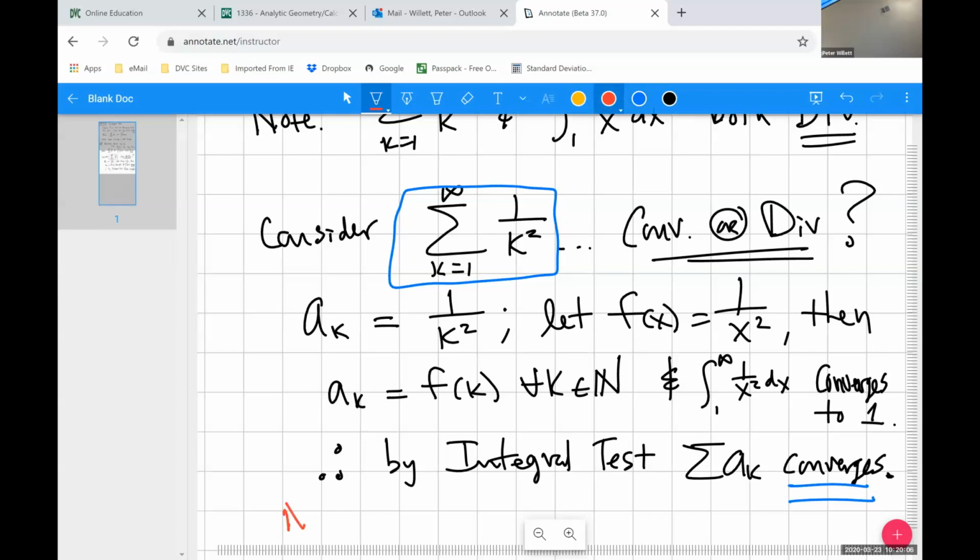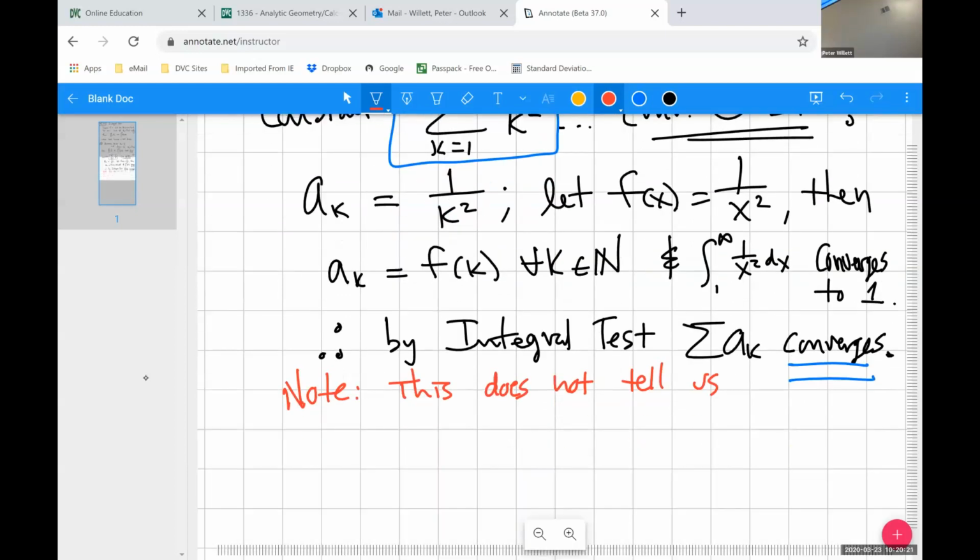So note, this does not tell us that the sequence, or that this series of a sub k's converges to the value of 1.